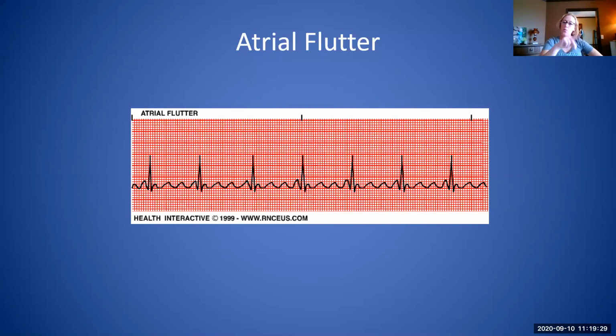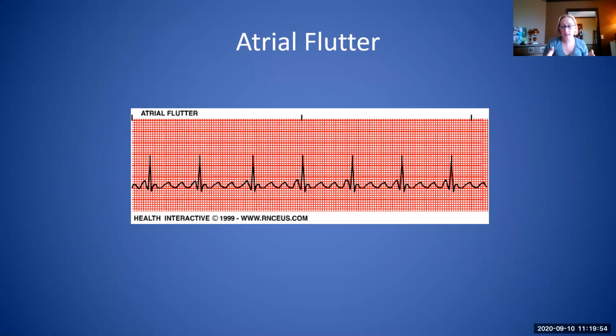But since it's coming from one foci, you can see the P waves, and it's usually regular. It might be called a 3-to-1 atrial flutter, so there are 3 P waves to every QRS. Again, you're going to treat it the same way as atrial fib.